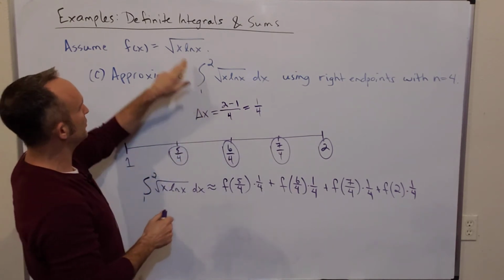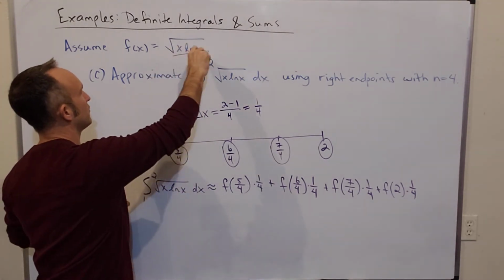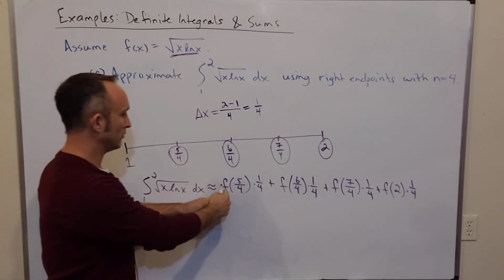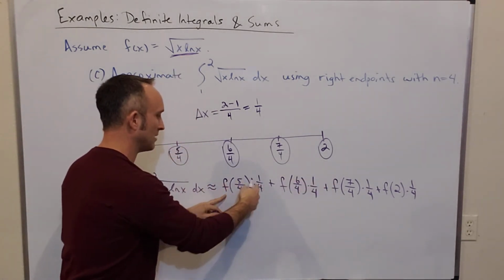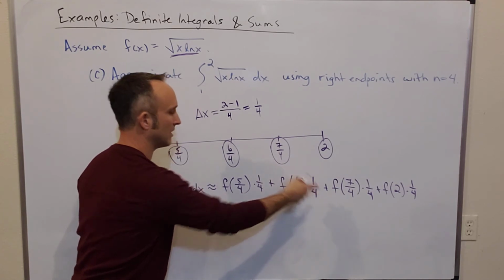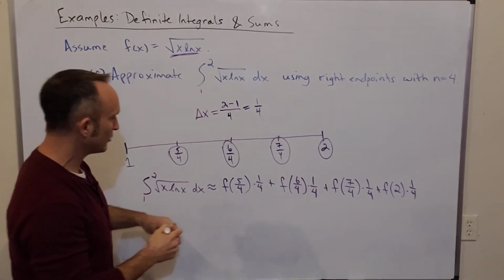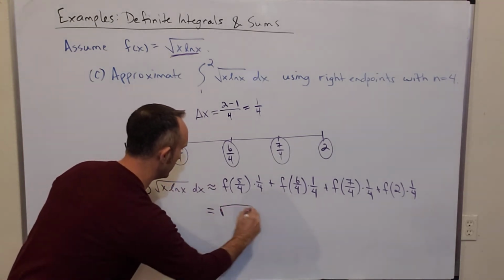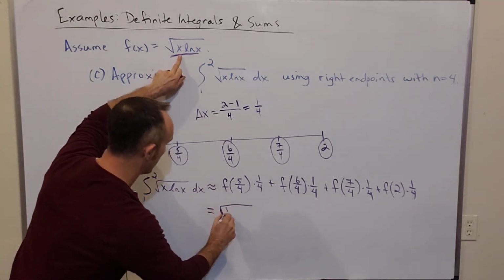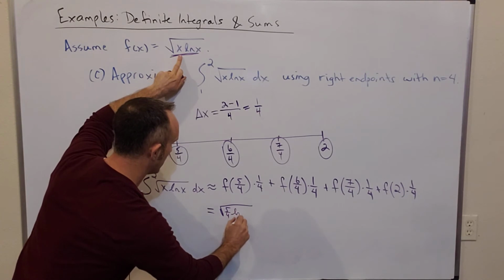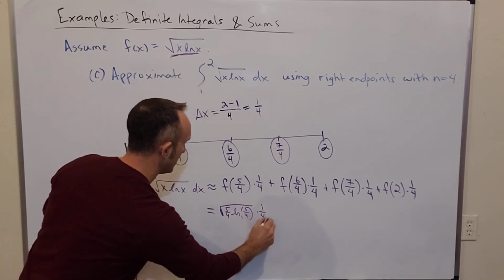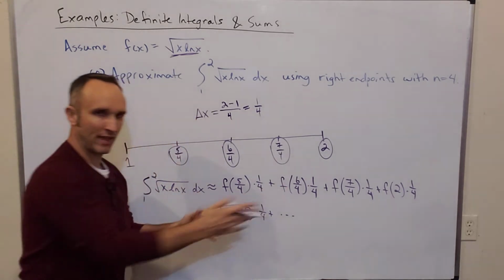You could store this function formula into your calculator as f of x, and then type this out with f of 5/4 times a fourth plus f of 6/4 times a fourth, and so on. Or you could manually do something like f of 5/4 is the square root of 5/4 times the natural log of 5/4, and multiply that by 1/4, and you could do that 3 more times and add all that together.